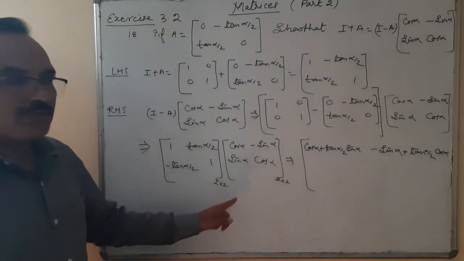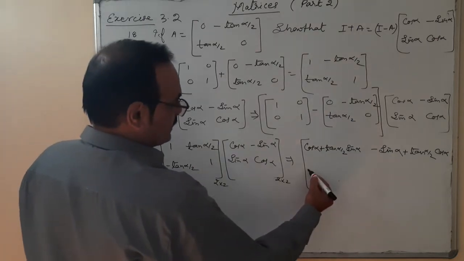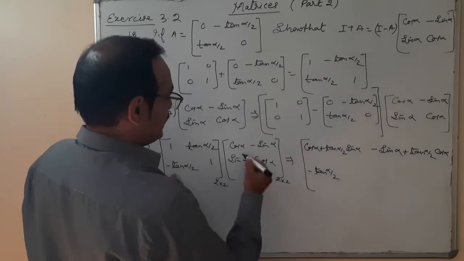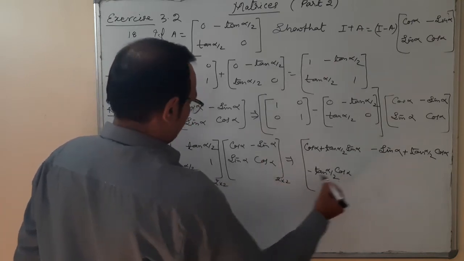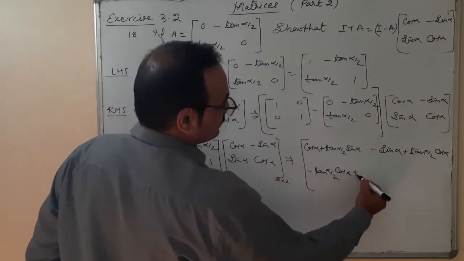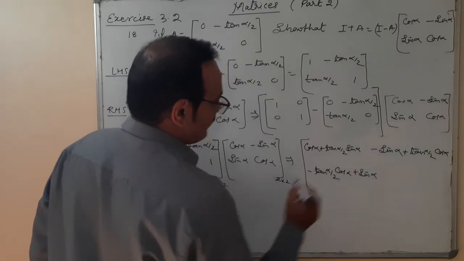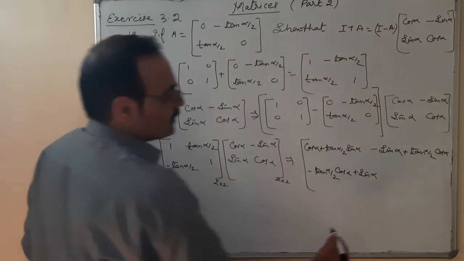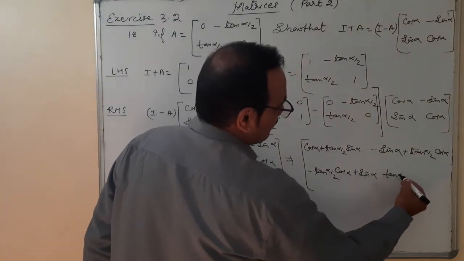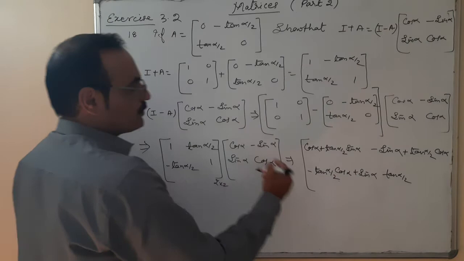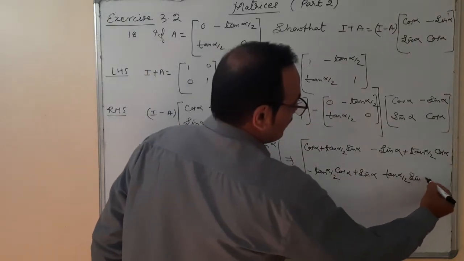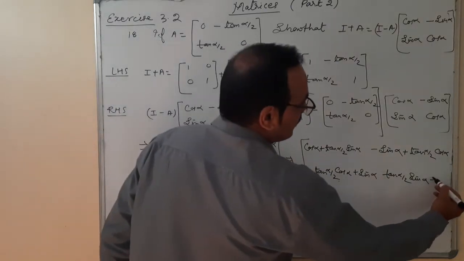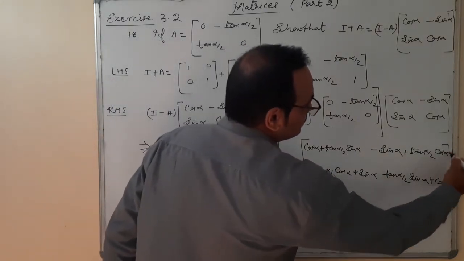Second row multiplied by first column: minus tan alpha by 2 into cos alpha plus sin alpha. And second row multiplied by second column: minus into minus is plus, tan alpha by 2 into sin alpha plus cos alpha. Okay.